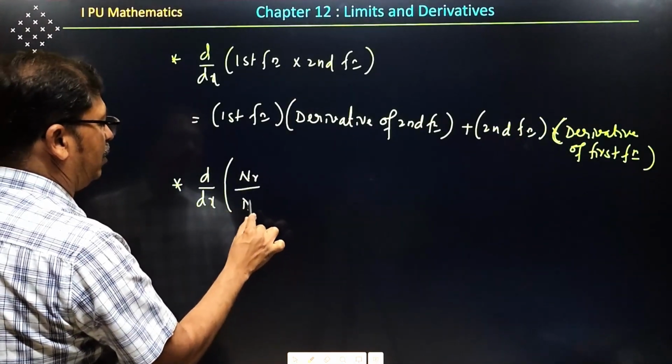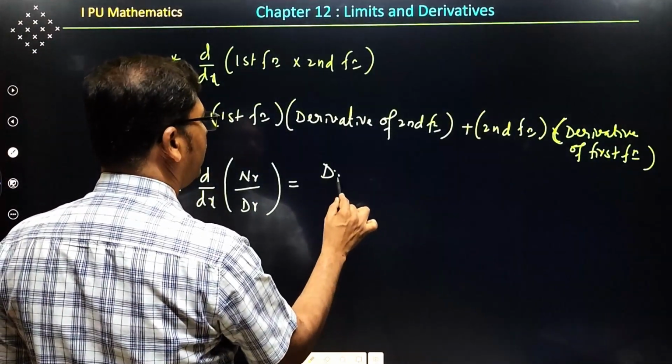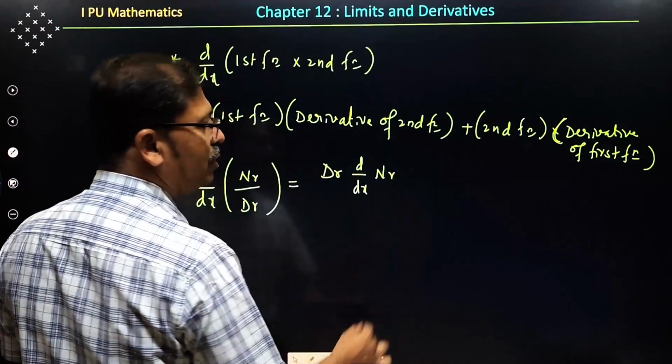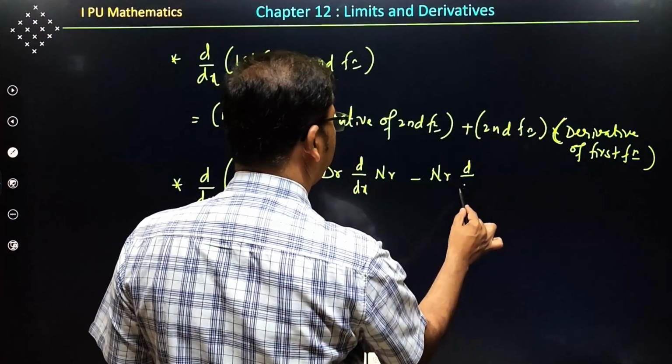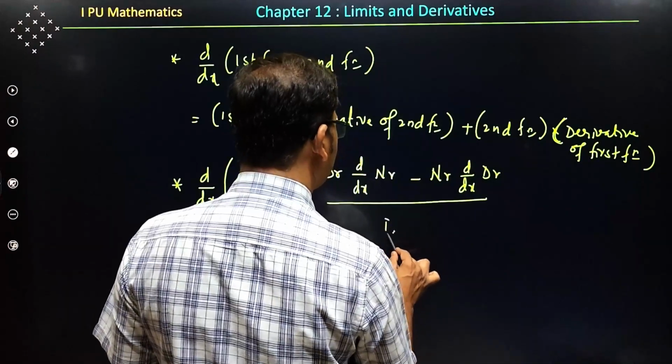Denominator into d by dx of numerator, minus, just exchange these two, numerator into d by dx of denominator, whole divided by denominator square.